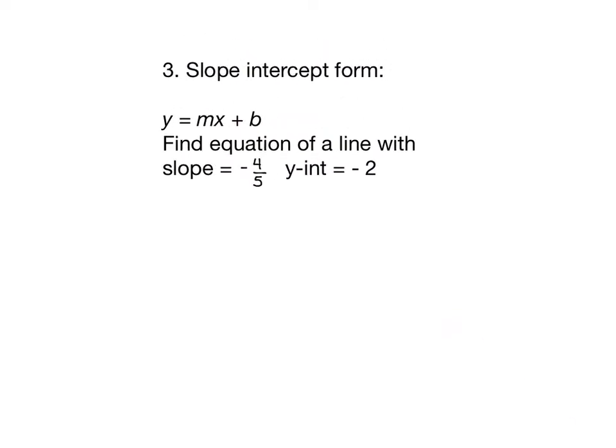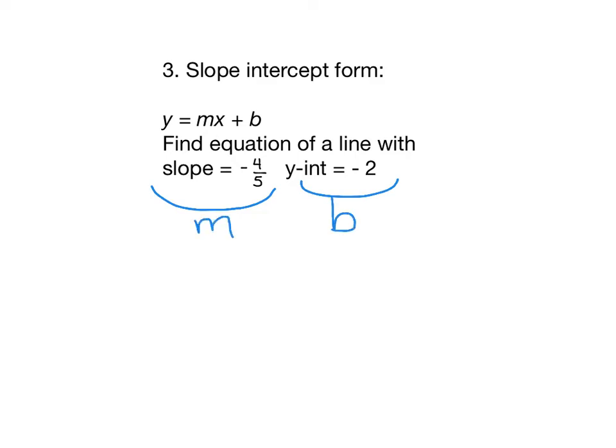So let's try the next example. This time, we're talking slope-intercept form. However, I'm going to put it in standard form too, just for extra practice. Now, when they give you the slope already calculated, and the y-intercept already figured out for you, remember the y-intercept is your b, and the slope is your m.